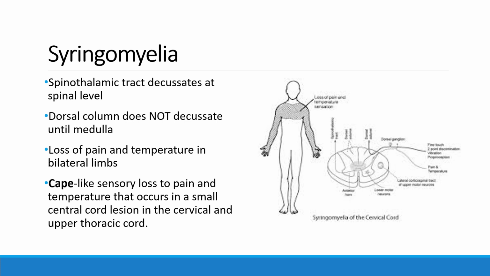We see a lateral loss of touch, pain, and temperature in the bilateral limbs because of the spinothalamic tract, and a cape-like sensory loss of pain and temperature that occurs in a small central cord lesion in the cervical and upper thoracic cord. Find me somebody that did not have this question on their boards. Cape-like sensory loss, you're going for syringomyelia. That damage in the middle can then expand outwards.